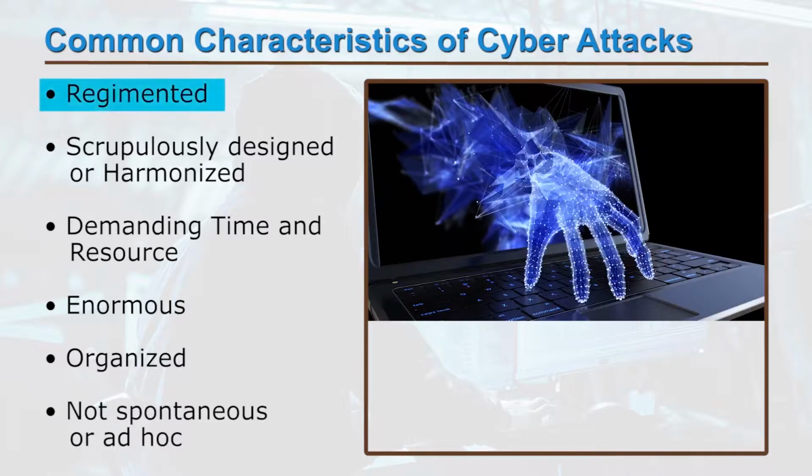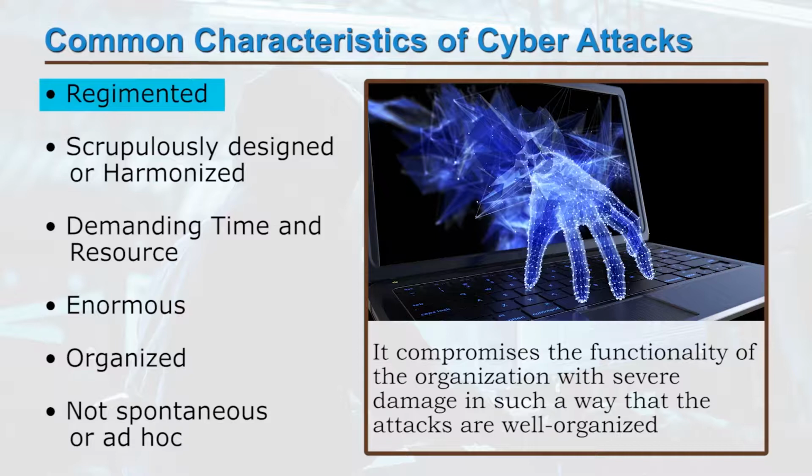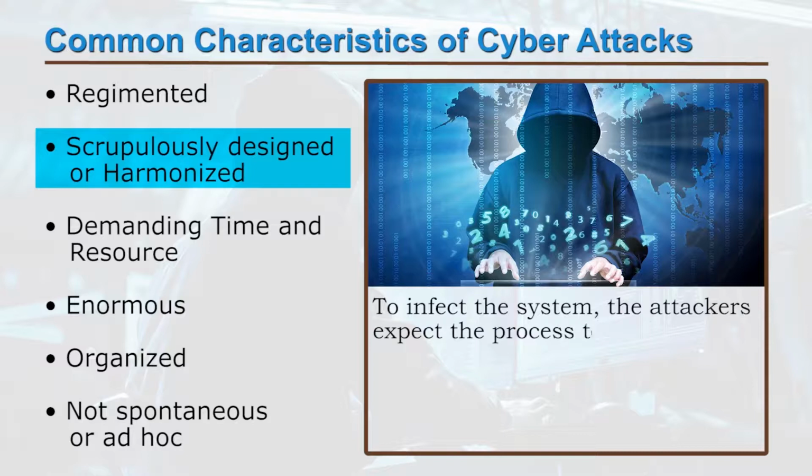First, regimented. It compromises the functionality of the organization with severe damage in such a way that the attacks are well organized. Second, scrupulously designed or harmonized. To infect the system, the attackers expect the process to be sequenced or harmonized.